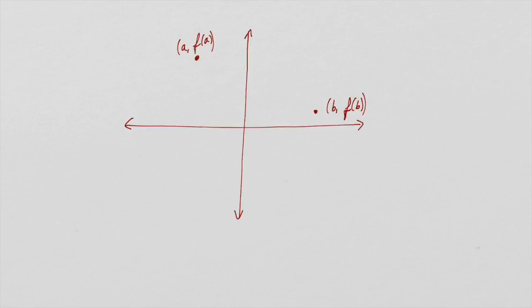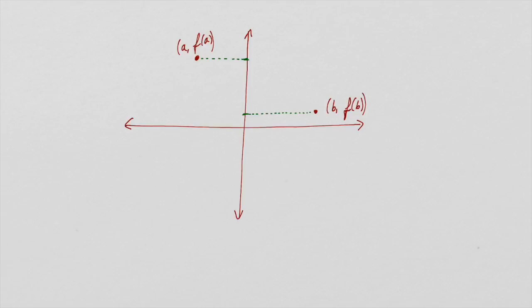This is basically saying that you cannot connect these points, because it's a continuous function, unless you hit every single value for y between these two points. So you can think of it as any value of y from here to here has to be represented.